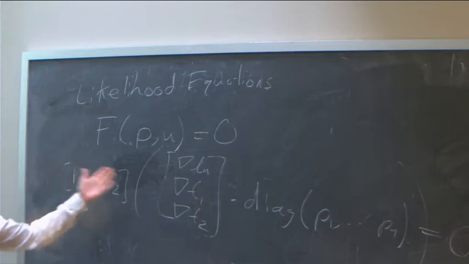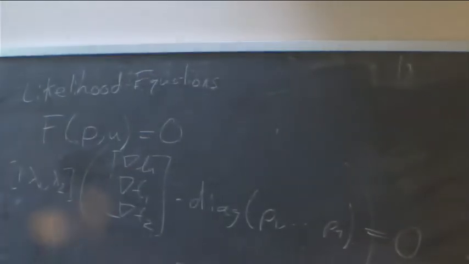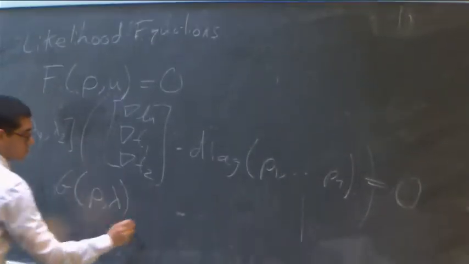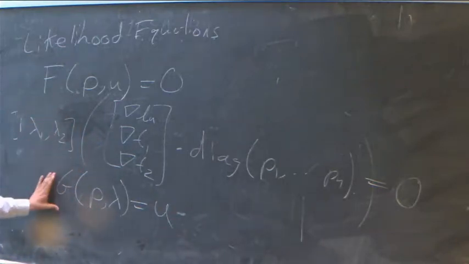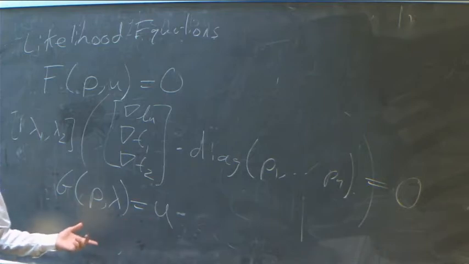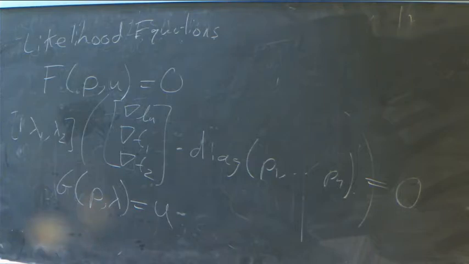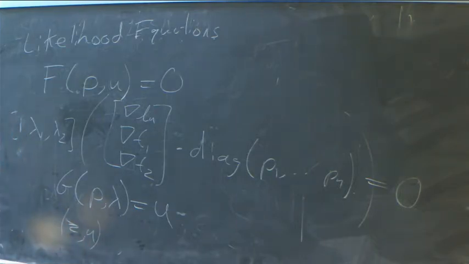Now, in this setup, because you clear the denominators, the resulting equations will look something like g of p of lambda equal to u. So what you can do now is, let's say you had one solution to this system of equations. We'll call it z for a particular set of data u.